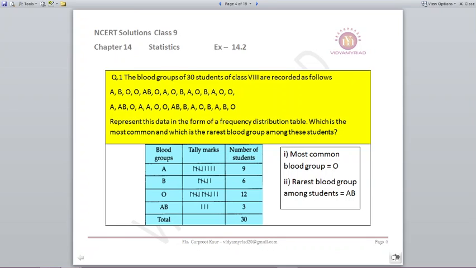This exercise is extremely easy. You just need to focus on how to make the tally marks and what the number of students or frequencies are. Based on that, we can very easily find the answers.